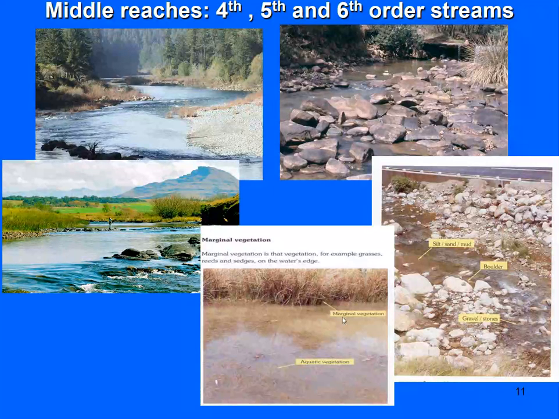Now, in terms of photosynthesis, this part of the river has got the most photosynthesis of all the parts of the river. And this is, again, because of variety. So if you can remember the word variety, when it comes to the middle reaches, variety in decomposers, variety in photosynthesizers or producers, variety in riverbed structure.